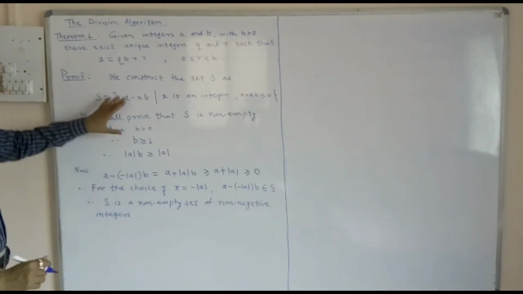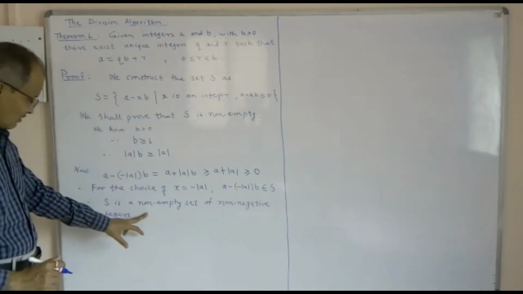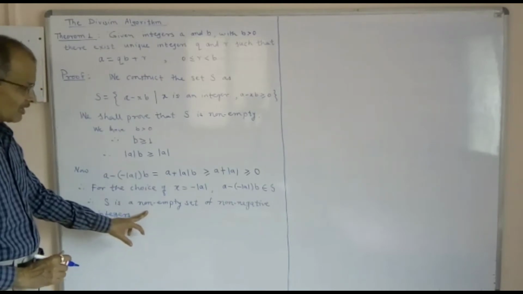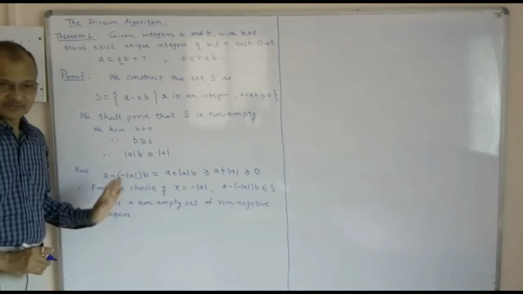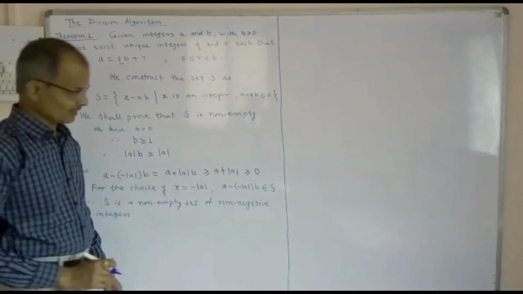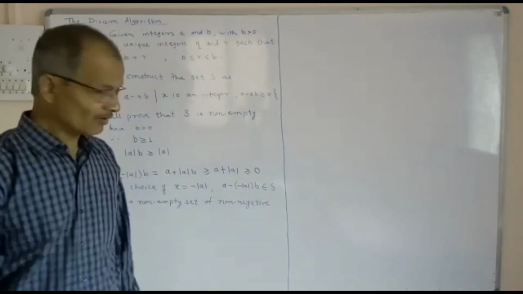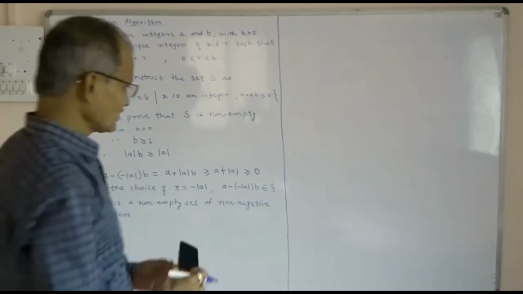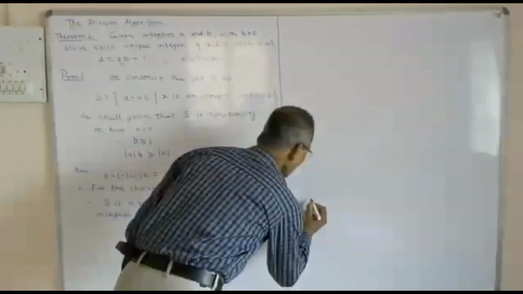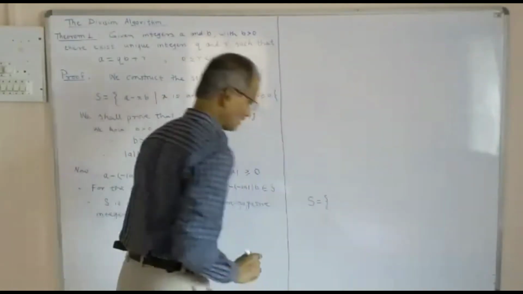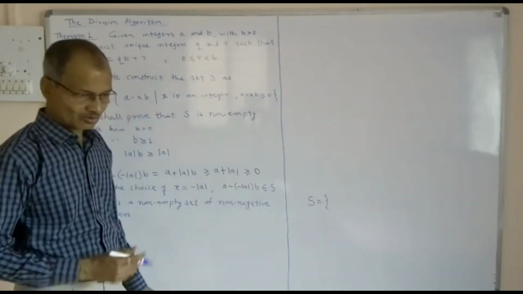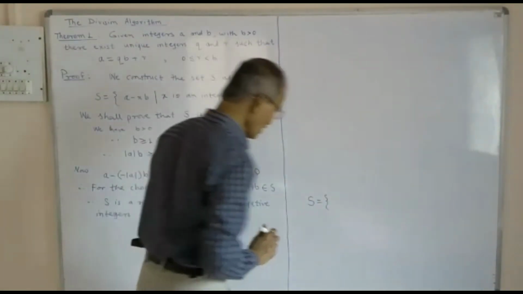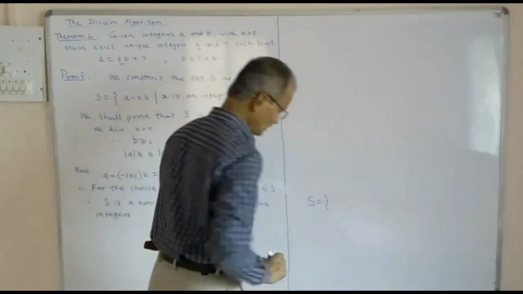So thus we have constructed set S, and we have obtained the result that it is non-empty and it has non-negative integers. Now if such a set S is there, then it will have the least element. Non-negative means 0 or greater integers. So then it will have a least element.